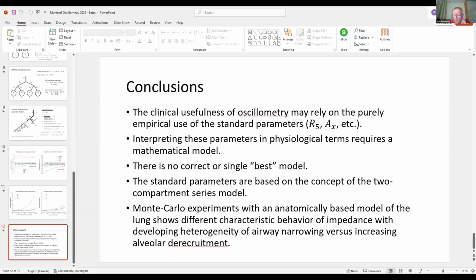I was thinking about what is the real situation, since I'm biased by the interpreted changes showing that at end expiration and inspiration, very different impedances can be measured in the same subjects.